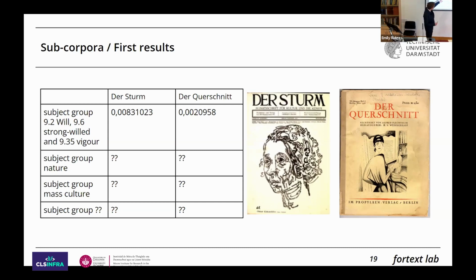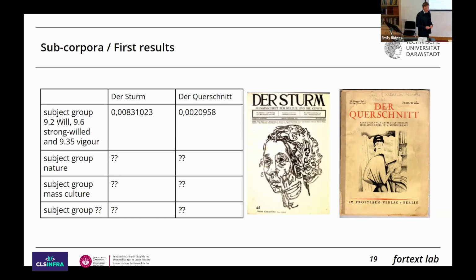But what you can see here is that the Querschnitt also has a representation of this subject group. So that's interesting. But it was the first part of this approach, and I will combine it with the other subject groups. And so you can test the research we have about expressionism and which semantic subject groups are represented by the different periodicals.